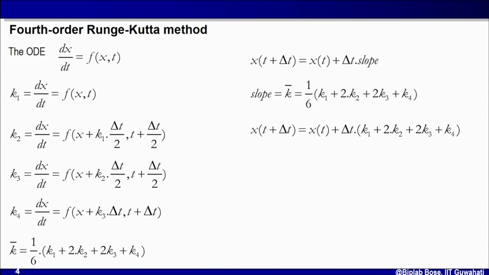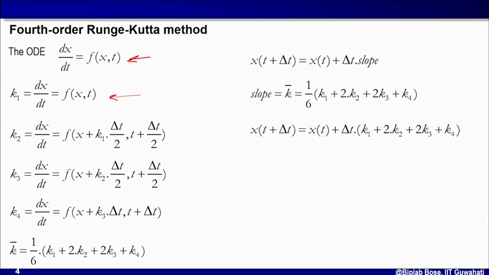So if I brief what we are doing here, you have an ordinary differential equation given first, which is a generalized form I have written. dx/dt is a function of x and t. I calculate first the slope K1 using the same Euler's method. K1 is dx/dt, which is a function of x and t.